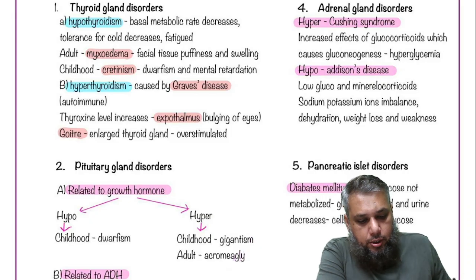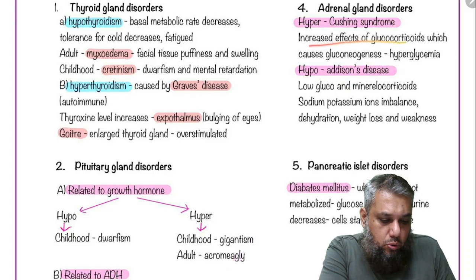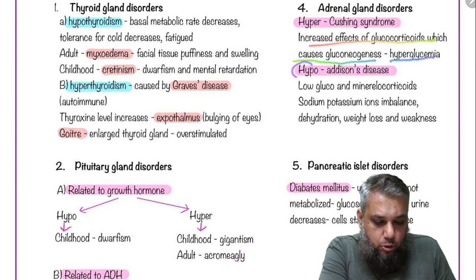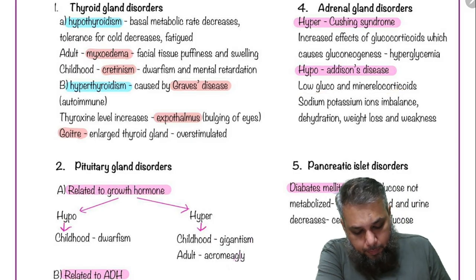एड्रिनल ग्लैंड के डिसऑर्डर्स में, hypersecretion causes Cushing's syndrome, where there is increased effect of glucocorticoids which causes gluconeogenesis. There is hyperglycemia, and hyposecretion causes the condition called Addison's disease, जहाँ पे ग्लूकोज और मिनरलोकॉर्टिकॉइड्स का लेवल कम होता है.